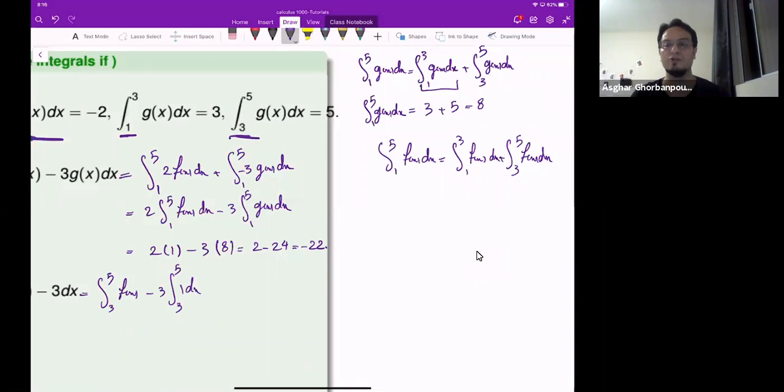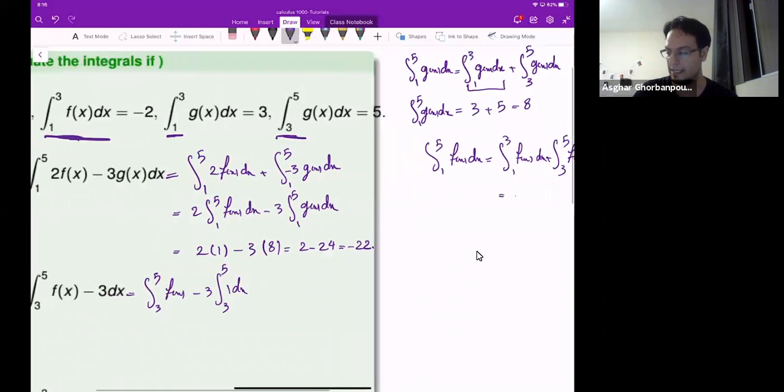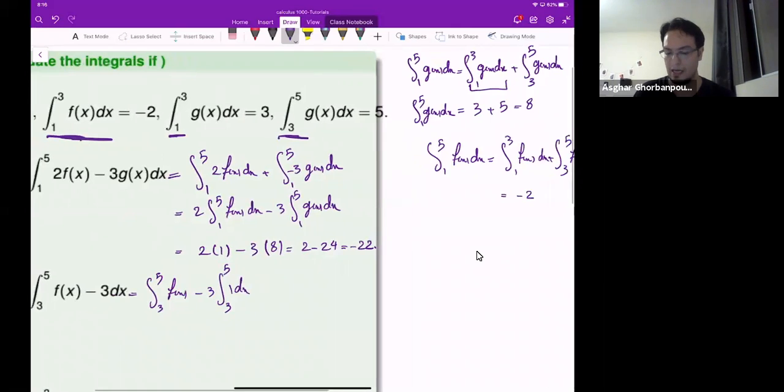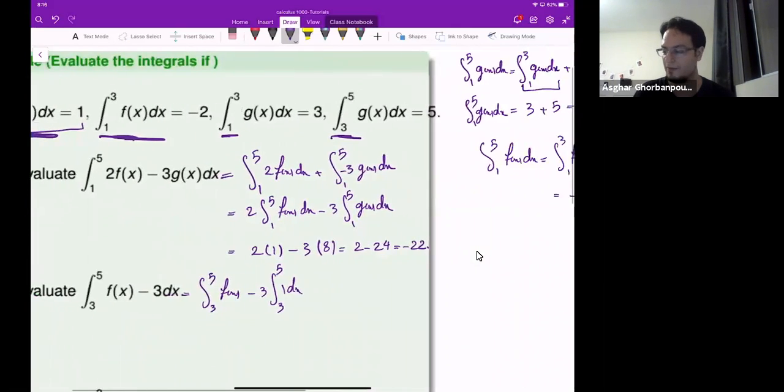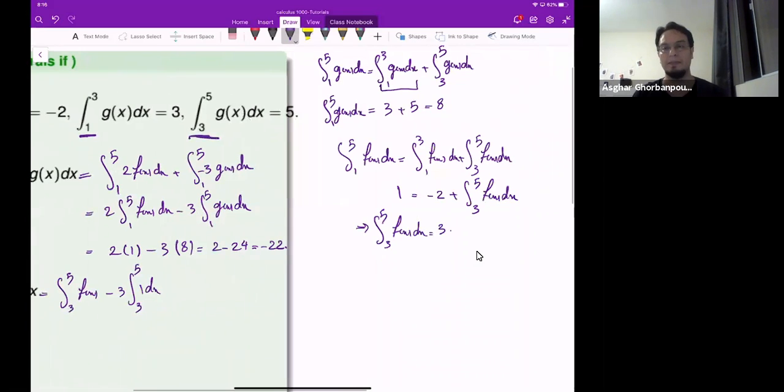Two of these values are known. Integral 1 to 3 is negative 2. Integral 1 to 5 is 1. Then we have an equation for integral of the function from 3 to 5. And doing that computation, you notice that the integral of the function from 3 to 5 is the number 3.